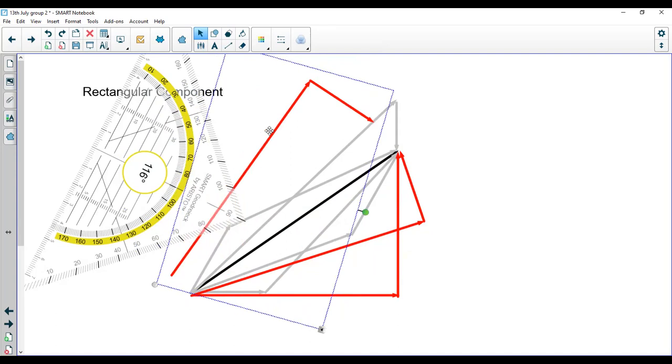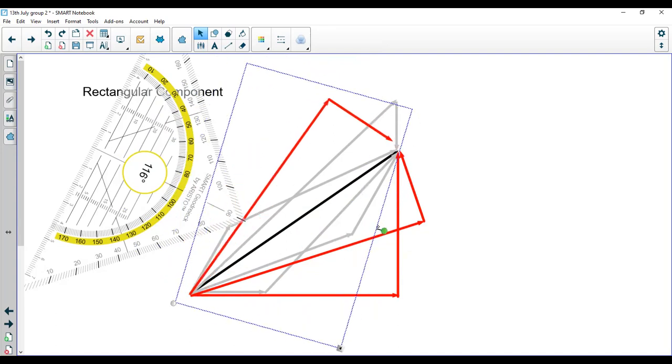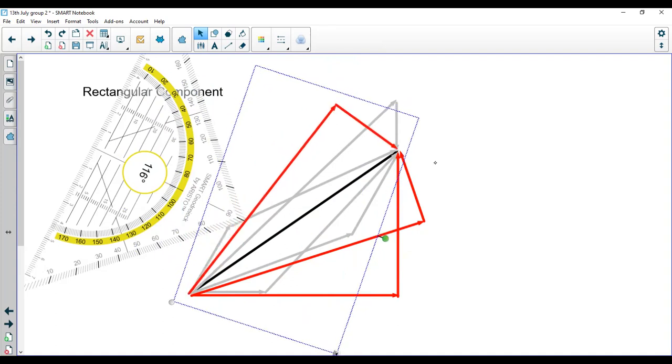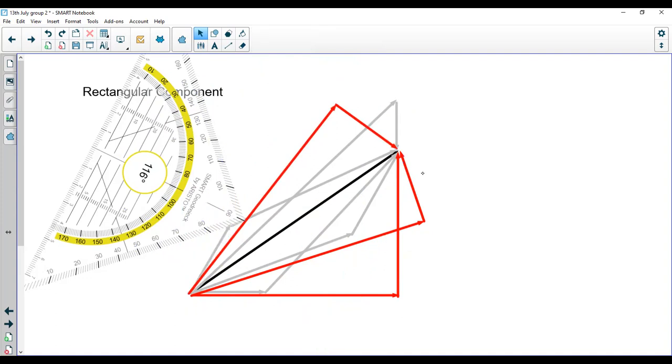These two are also rectangular components. Got it? So all the reds are rectangular components.